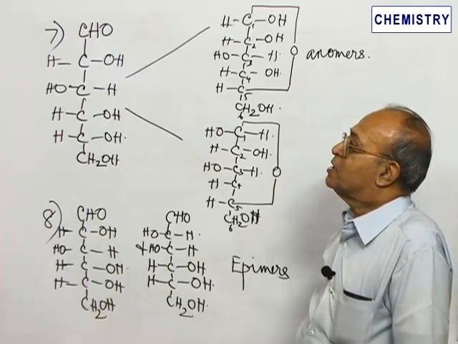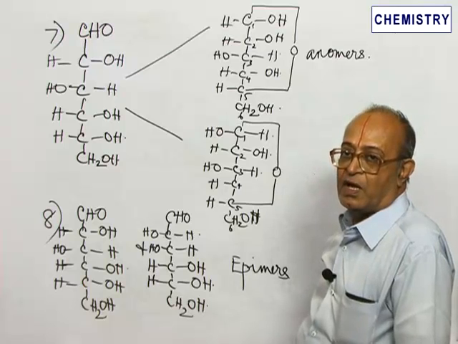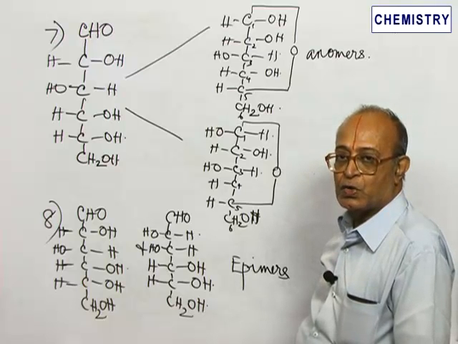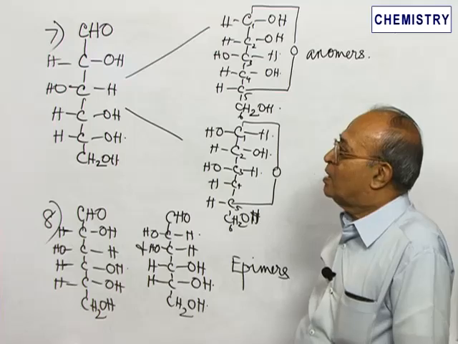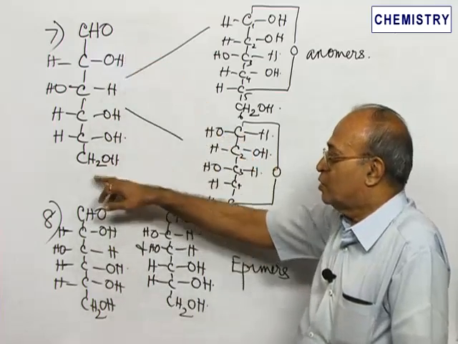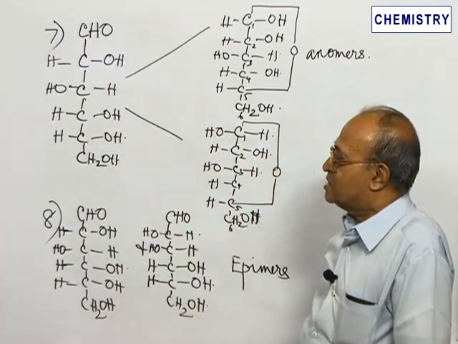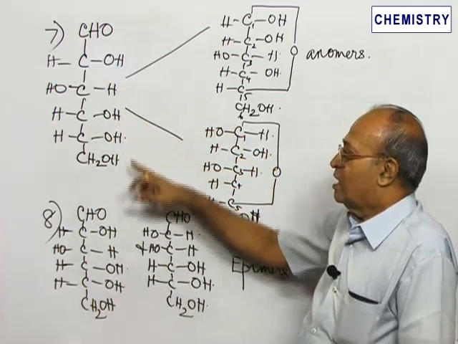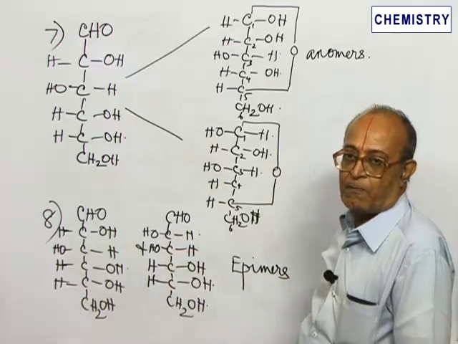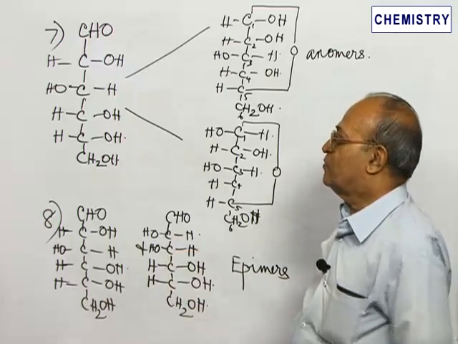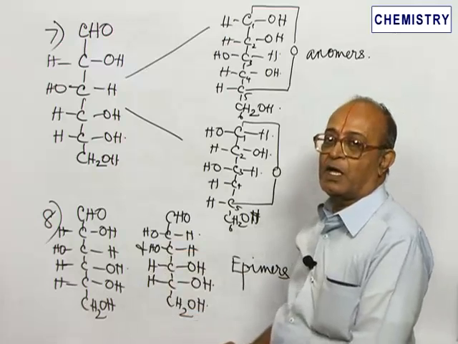Glucose is a typical example of an aldehexose. Now, you can notice an aldehyde group, and this molecule contains 5 hydroxyl groups also. And actually 5 hydroxyl groups are present.